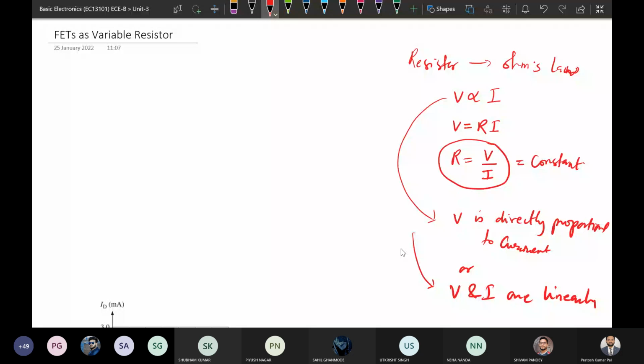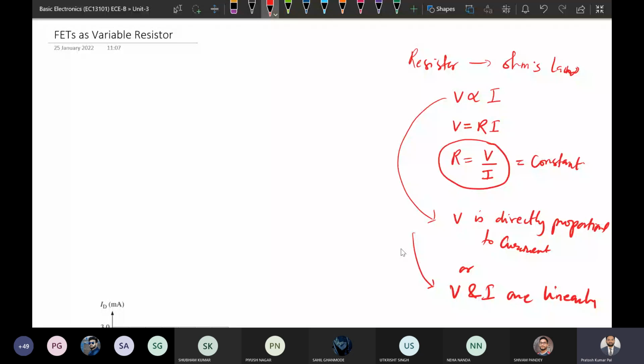Initially gate to source voltage is 0 and the junction is reverse biased, and the current is maximum. As we increase the voltage in the negative direction, the current is going to reduce.